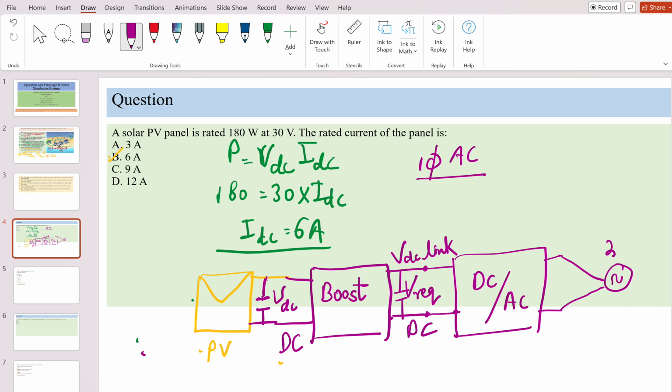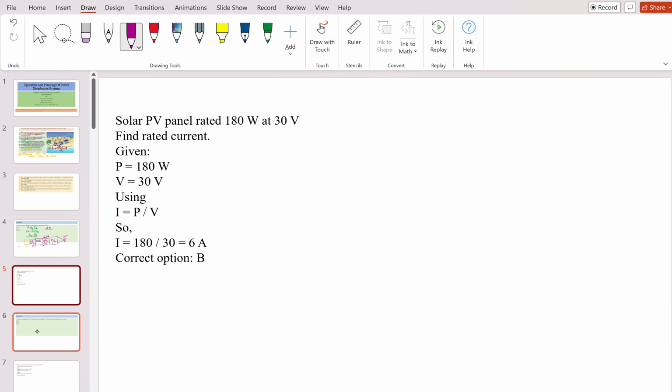This is a single phase supply, 230 volt. So in that sense also you have to boost the V_DC so that you can get the 230 volt reference at the grid side. That is very, very important. That topology is what I wanted to explain, so that's why I have given this problem. Okay, let's move further and try to solve this problem.